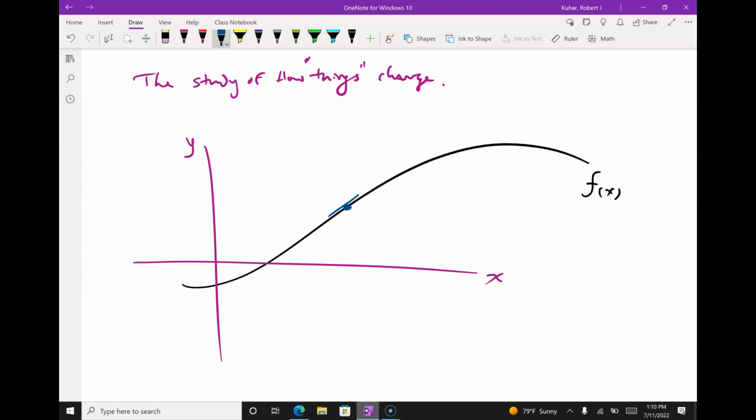So like I live 10 miles away. I live down by the baseball stadium in DC. 10 miles, it takes me an hour to get here. So the average rate of change for me from beginning to end is 10 miles an hour, right? But at one point, I got a speeding ticket, and I was going 50 at that one point.